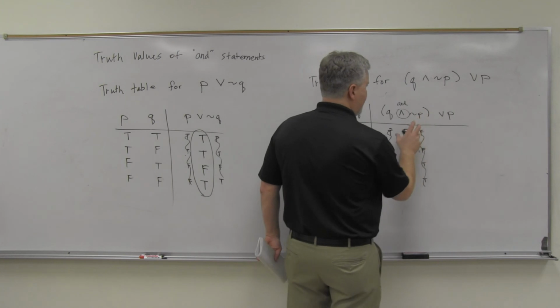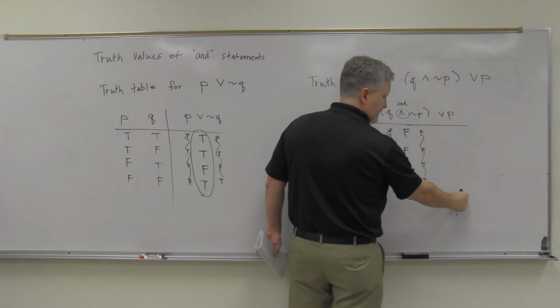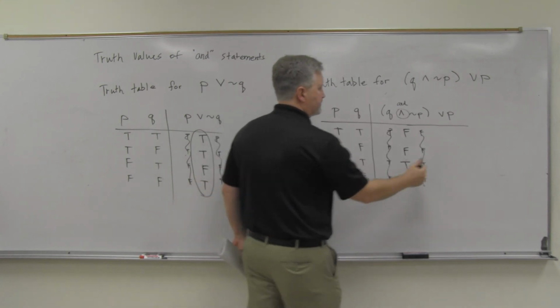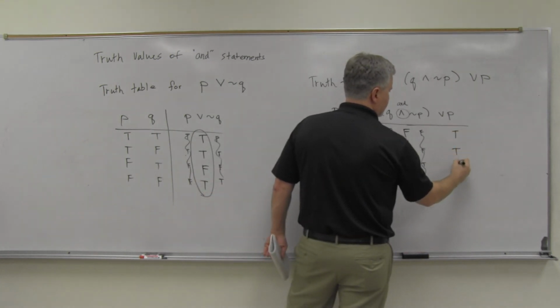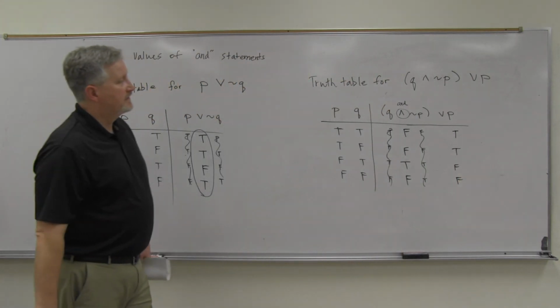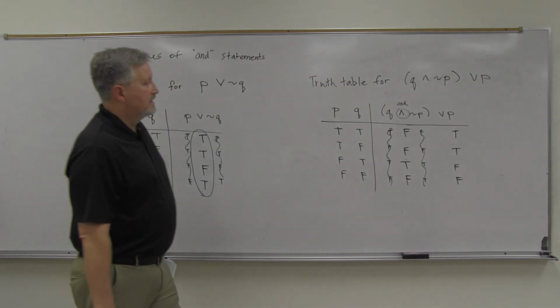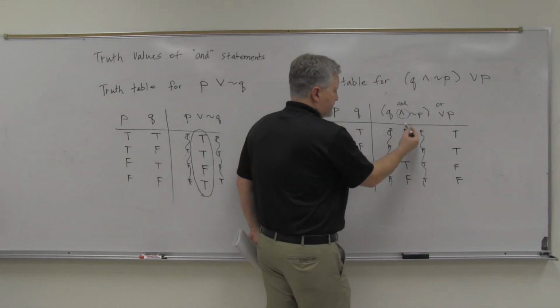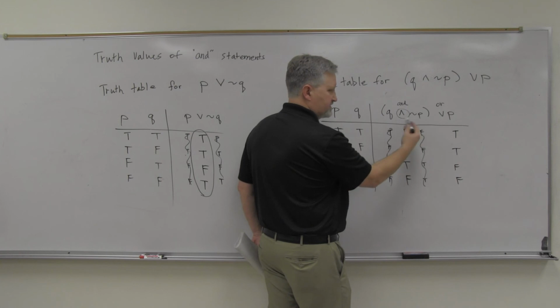All right, so now we go here with P. Underneath the P, we're going to put the copy of the P column: true, true, false, false. And I'm going to OR those together. Now what am I going to OR together? Well, the result of the parentheses, we did the parentheses first.